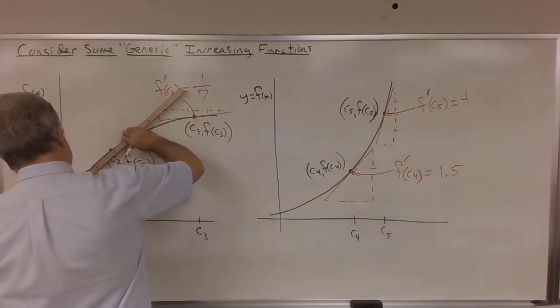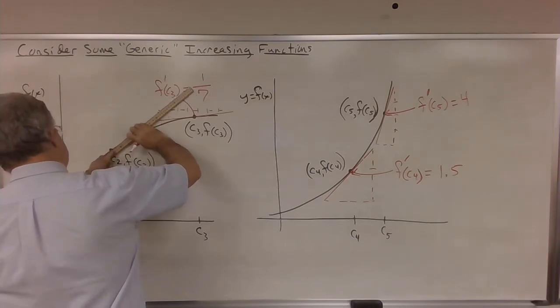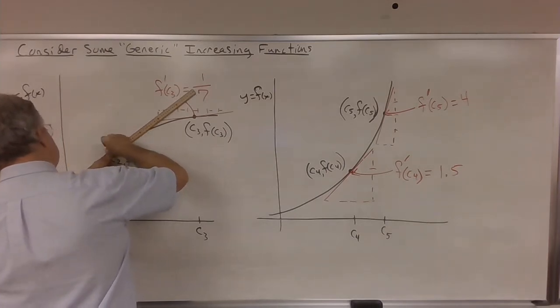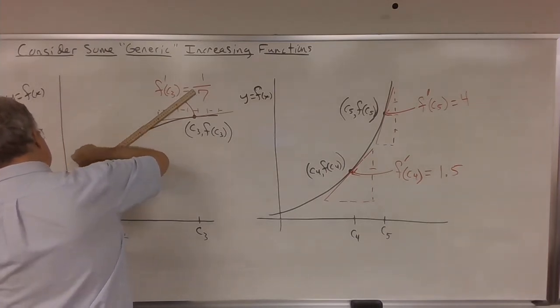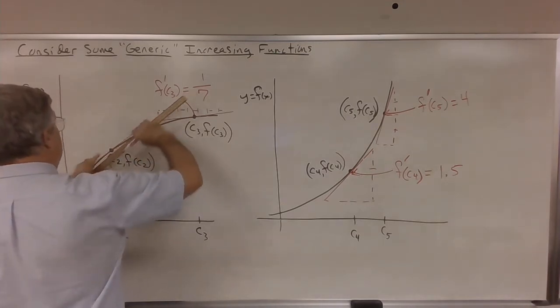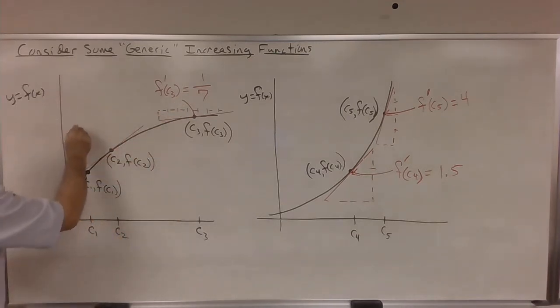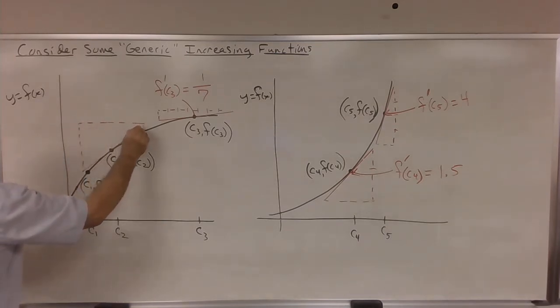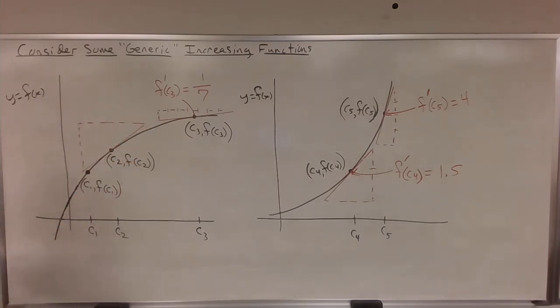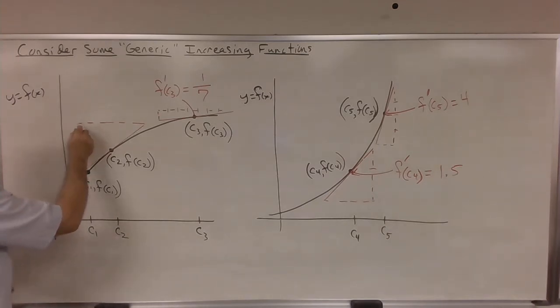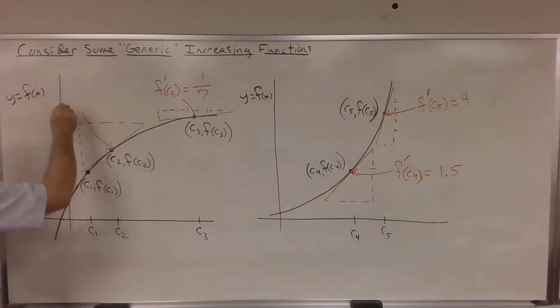And what about, right about here, I'll draw another tangent. And I'm thinking maybe I'm going up 1 unit and over 1 unit. So maybe the slope here is about 1.